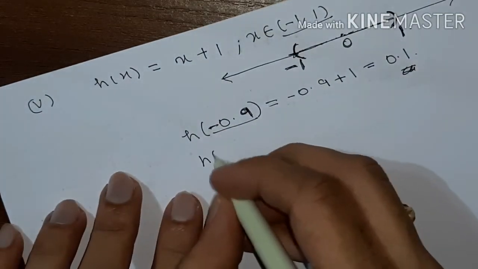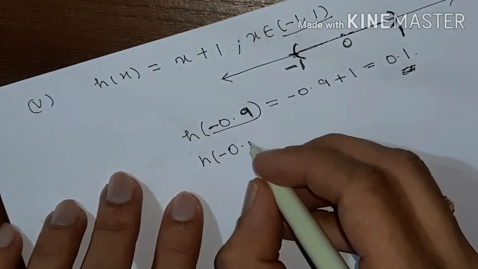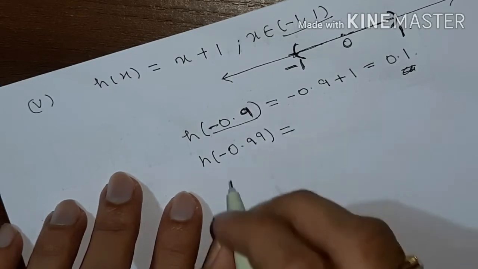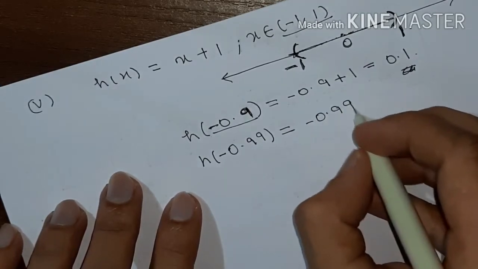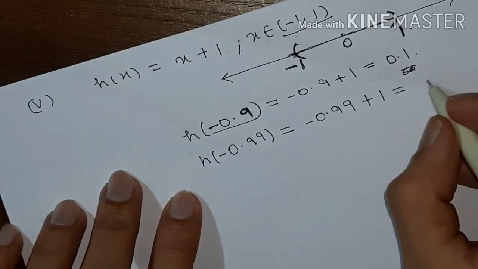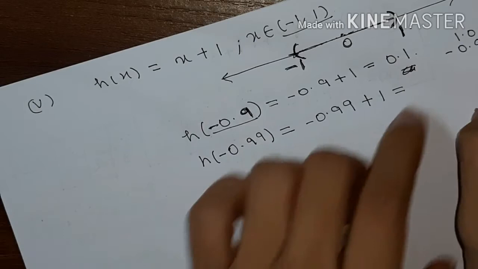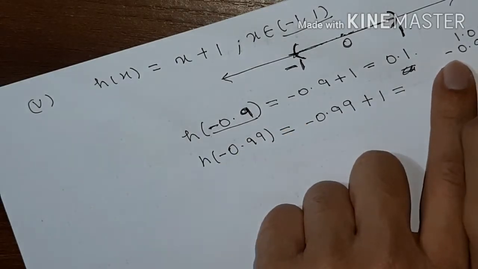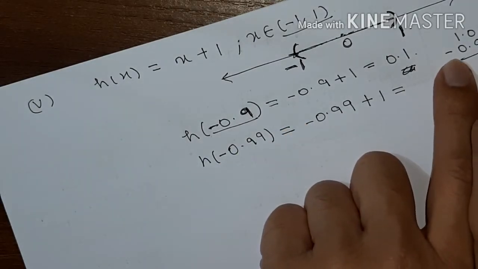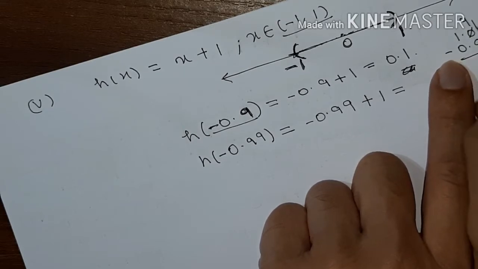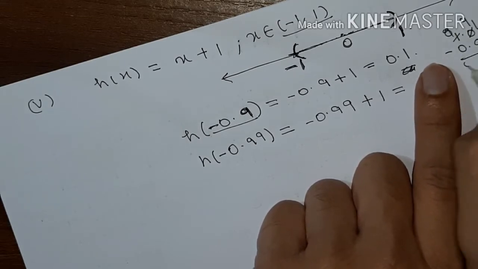For example, -0.99: for that you will get -0.99 plus 1, that is 1 minus 0.99, which gives you 0.01.